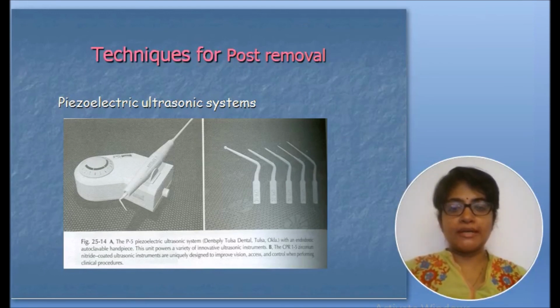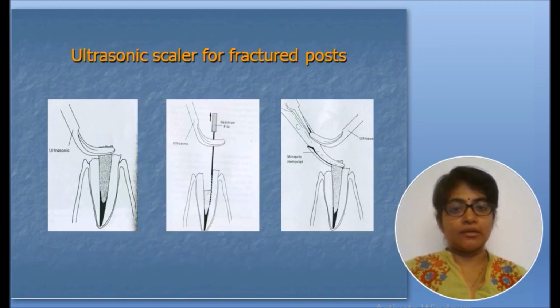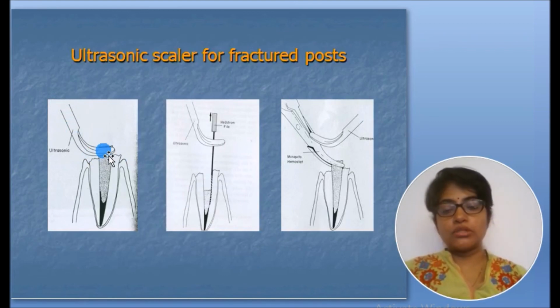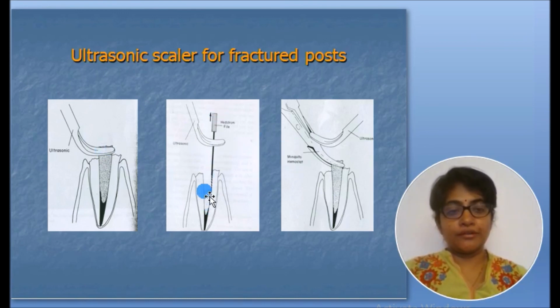The first is piezoelectric ultrasonic systems, which have various diameter and shape tips which can be used to loosen the post, that is breaking of the cement post interface so that the post can be easily retrieved. The other technique is the use of ultrasonic scaler for the fractured post. So what we can do is we can apply the tip of the ultrasonic scaler. Again it will cause loosening because of the disintegration of the cement lining, and then we can insert a reamer or an endodontic file and then take the post out.